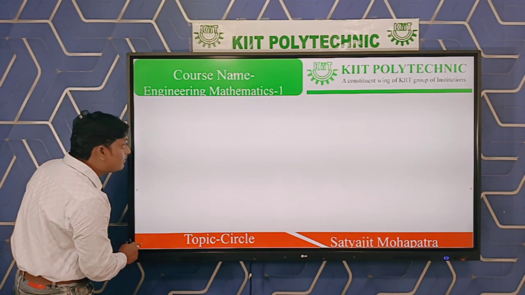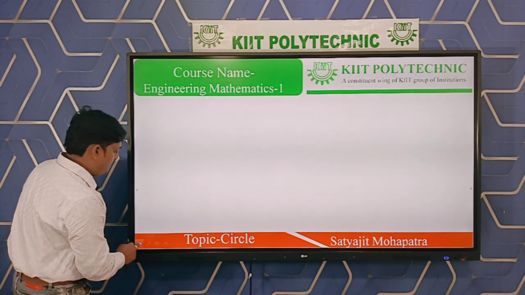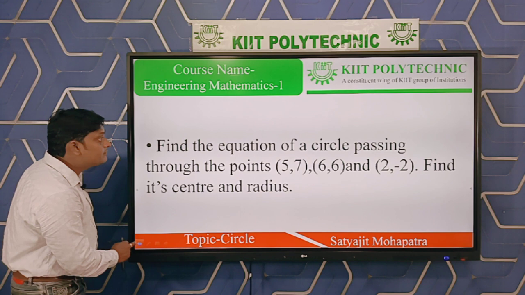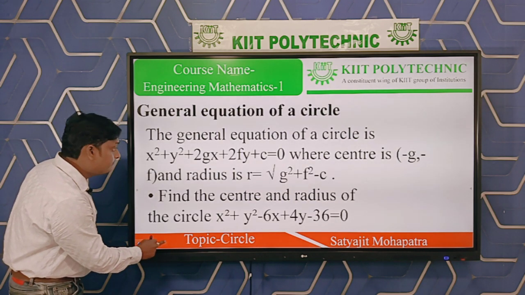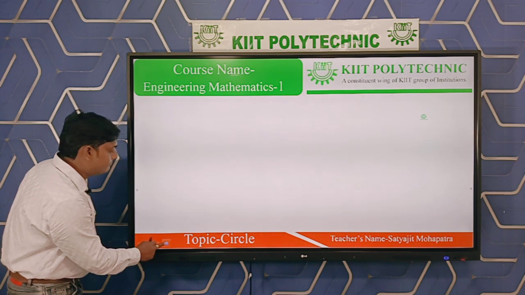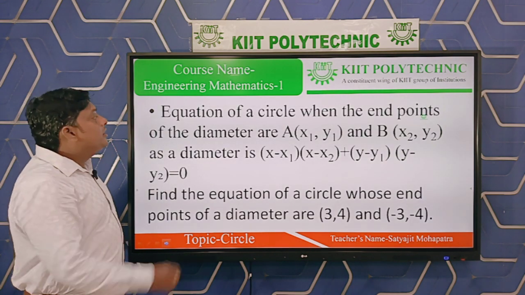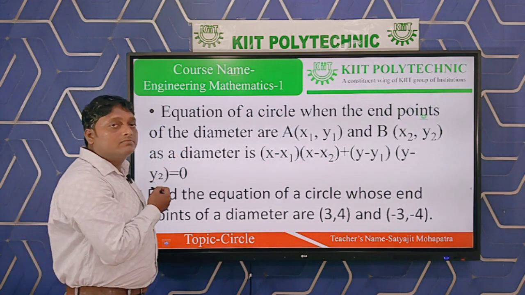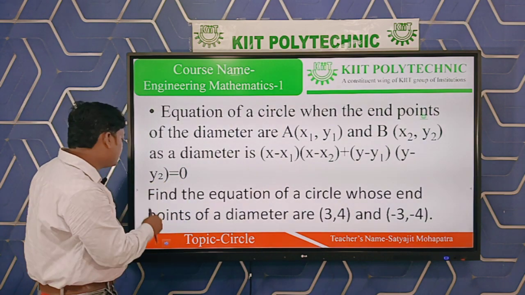Next slide. All of you see, here you have to know another formula of circle, when the end points of the diameter are given, just like this.